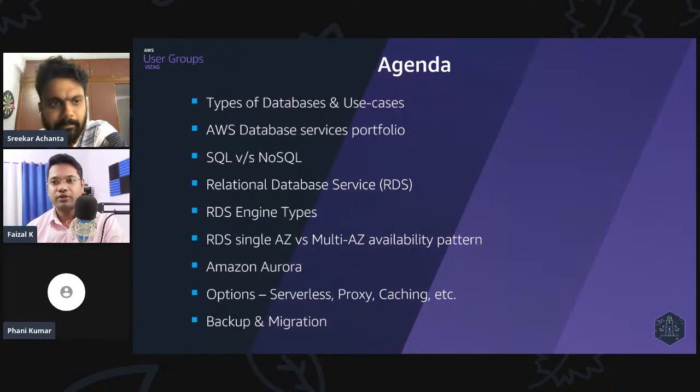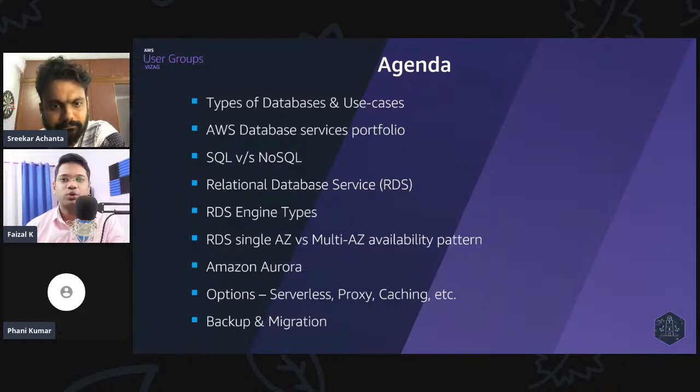We'll also look at something with regards to high availability, like how do you set up a database in order to get good availability, whether you can set up a single database or multi-database kind of setup. We'll look at some of the other database options, which is Aurora, which is an AWS database service.